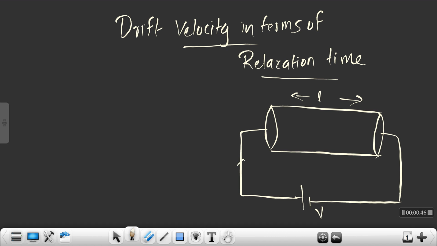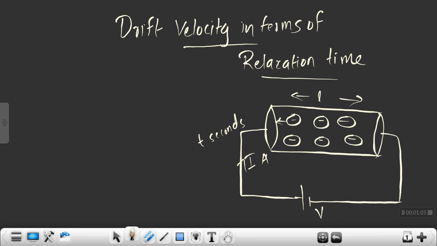Suppose that a current of I ampere flows for a time of t seconds. Here, the electrons will move towards the positive terminal of the cell.